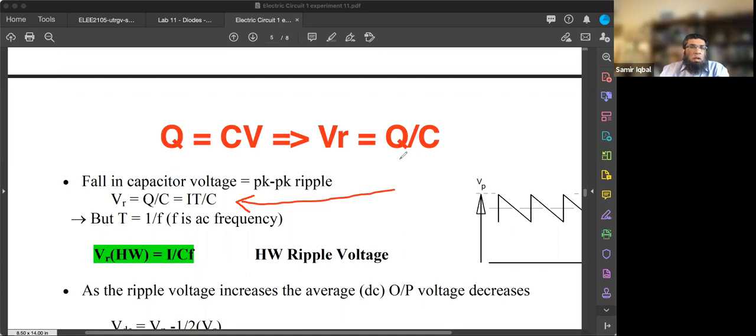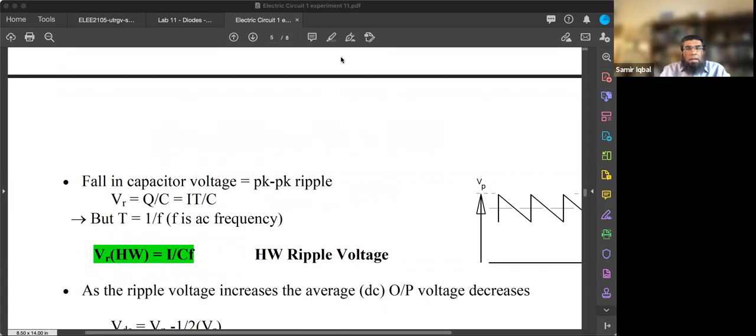But T is 1 over F. So for an AC signal, the time period is 1 over frequency. So we plug that in, and we get the ripple voltage in terms of the capacitance and the frequency of the input signal. So I over CF is the half wave ripple voltage.